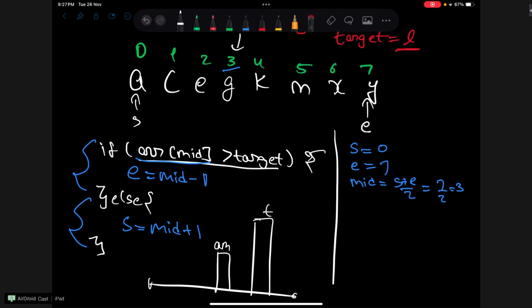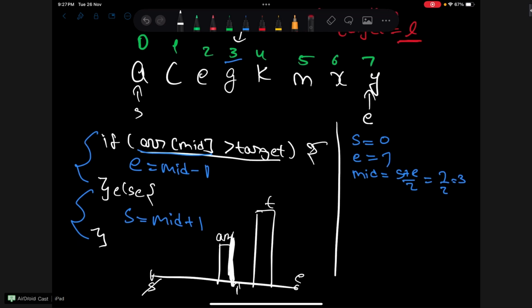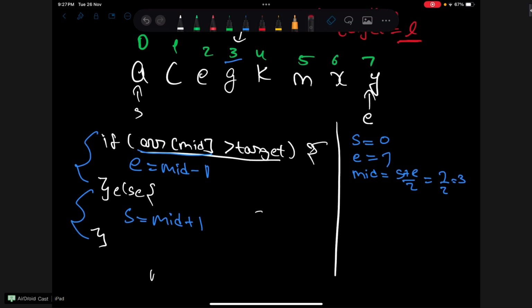The target lies on the right side. That means the target never lies on the mid or on the left side of the mid. So wherever the s was set, we have moved to mid plus 1. So if this was array of mid, we are going to set the s right here. If this much is clear, let's get back to the code.